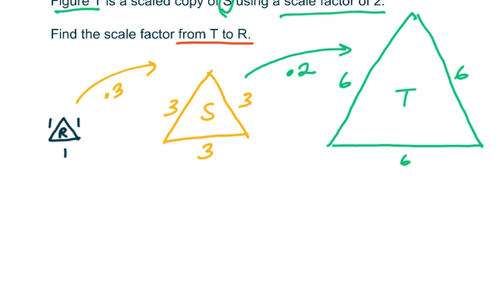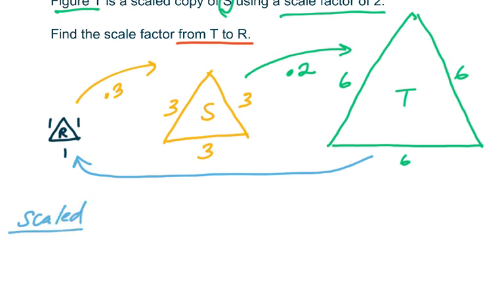And what I will do is think about how I can go from T to R. And I'll be working by setting up a ratio where I have the scaled measurements over the original. So in this case, I might take this side length here, which is the base of the triangle. That will be my scaled measurement of 1. And I'll put that over my original.